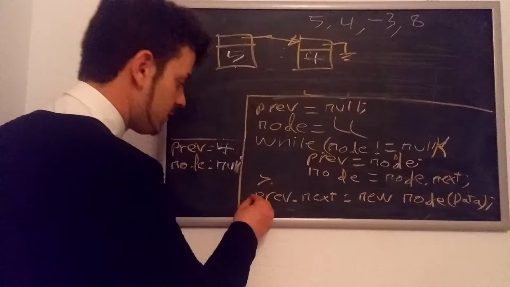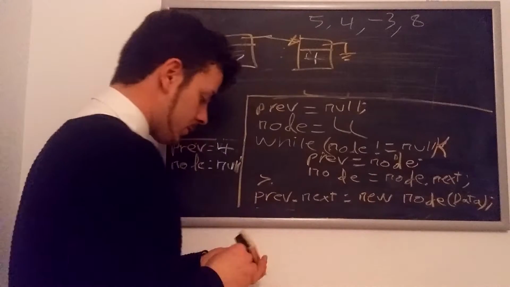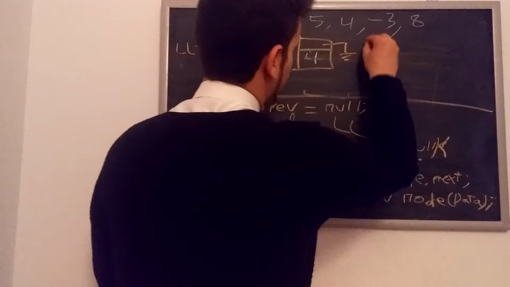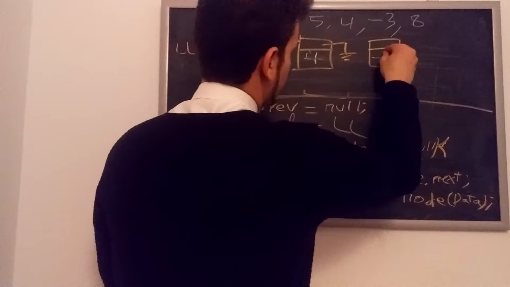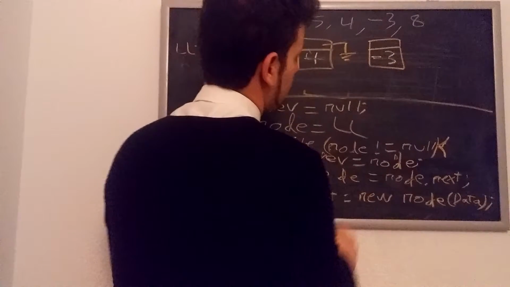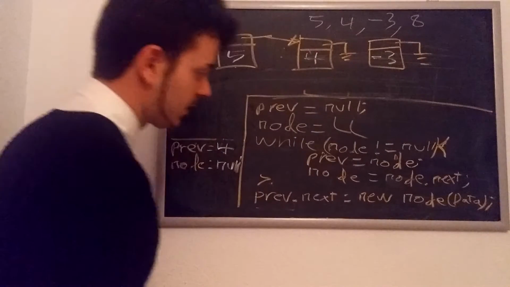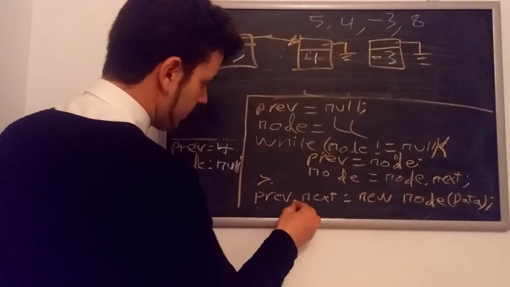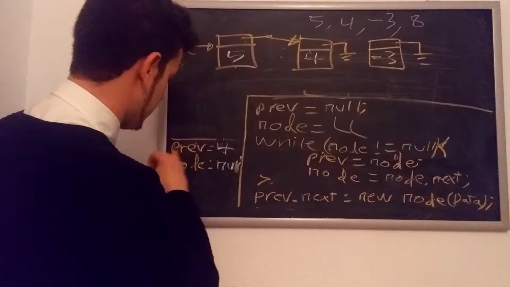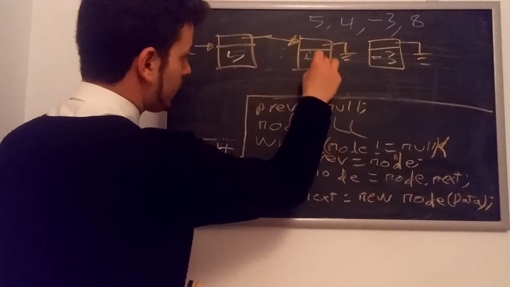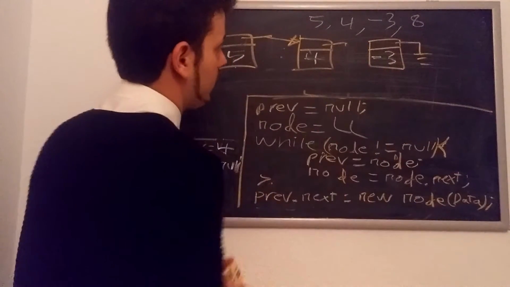We can now proceed to the actual insertion. We create a new node containing the data we want to insert, which is -3. This new node's next pointer points to nothing, and we make the next pointer of our prev element, which is 4, point to the newly created node.